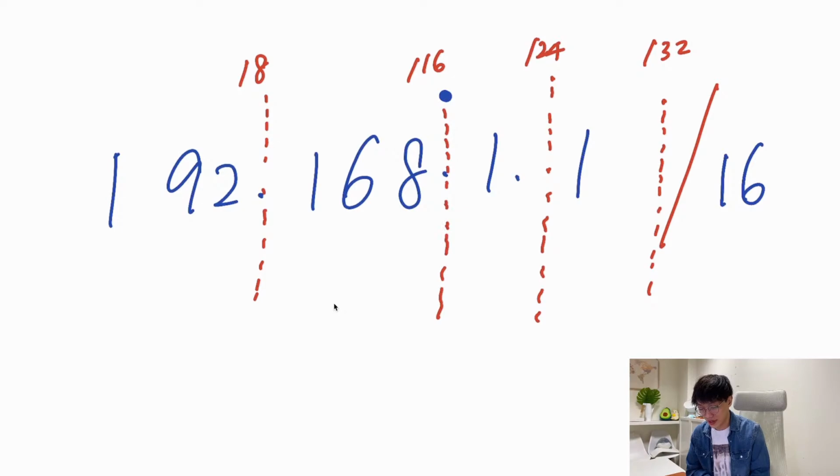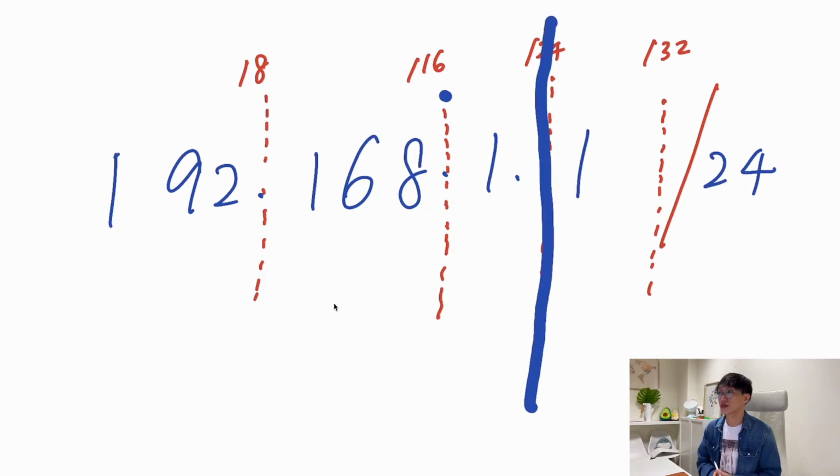Now if I have a /24 mask, that means I want to cut the address at the 24 position here. So I will cut here.